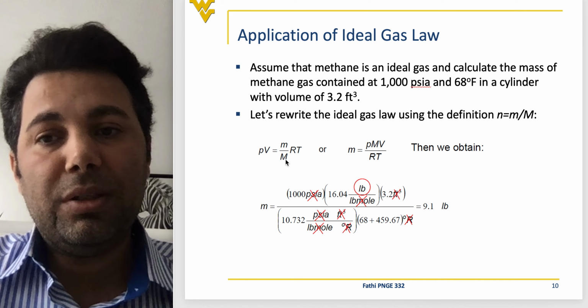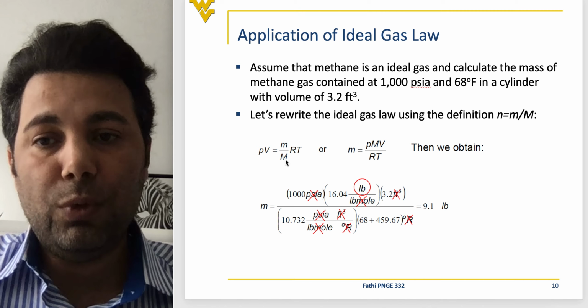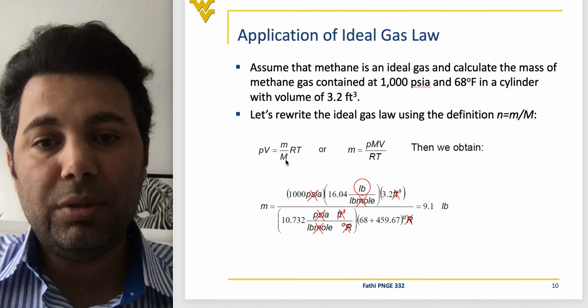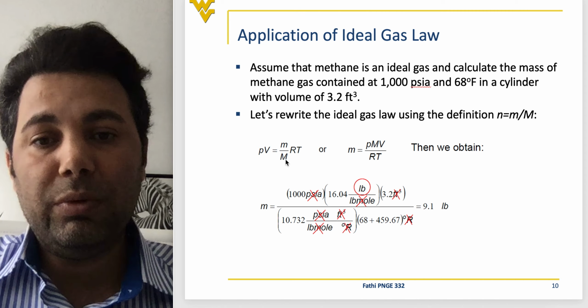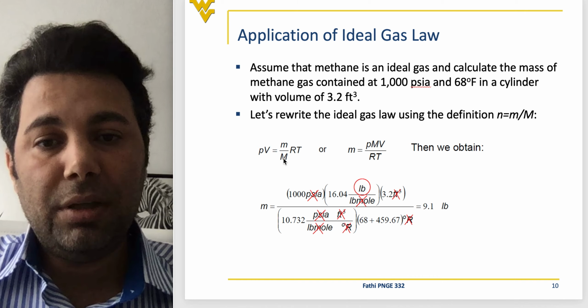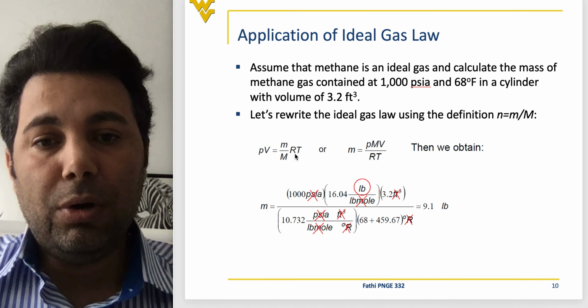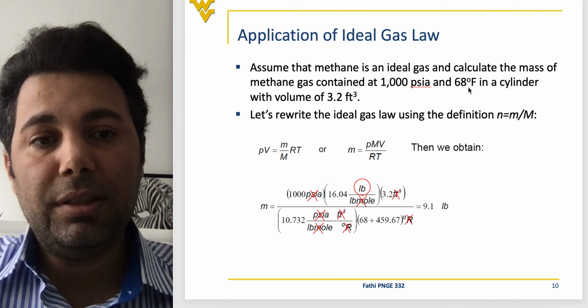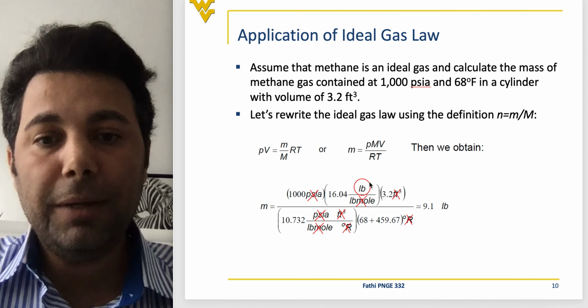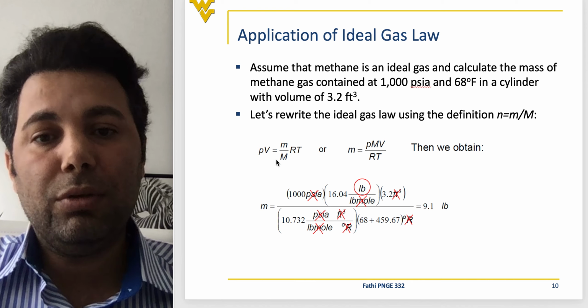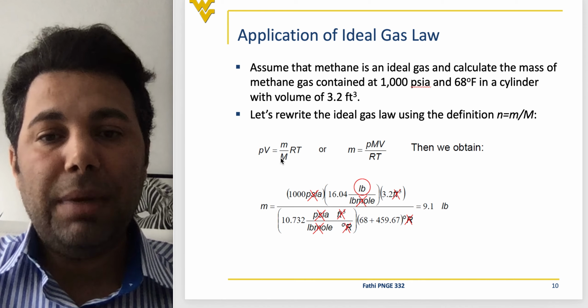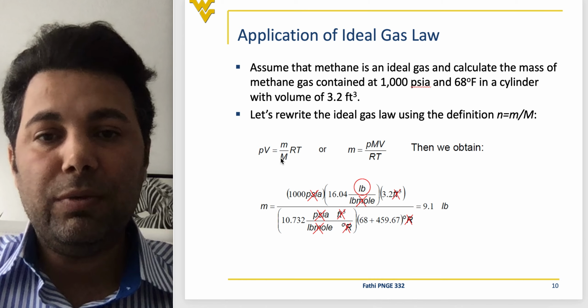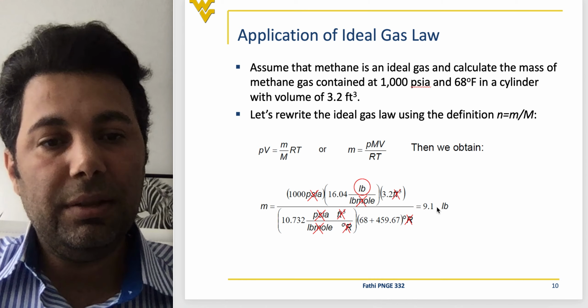Methane, we know it's an alkane, CH4. Carbon is 12, hydrogen is 1, so the methane molecular weight is 16. So 1000 times 16 divided by R, 10.732, and temperature 68 plus 460 to convert it to Rankine, to come up with the density. So we can use this to find the mass, volume, density, specific volume, or any other properties of the ideal gas.